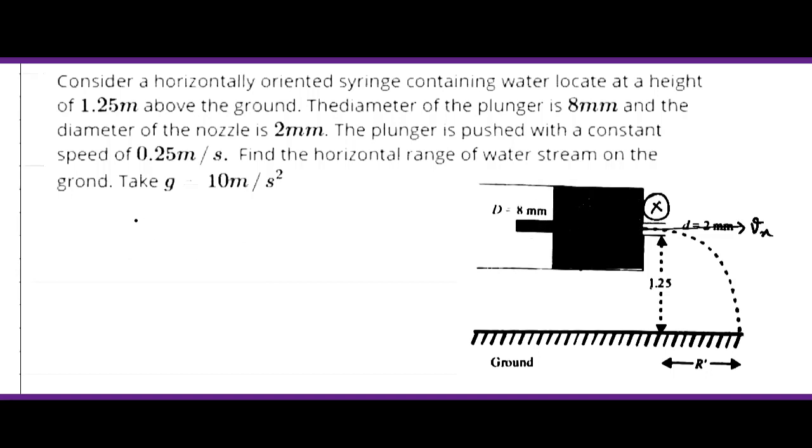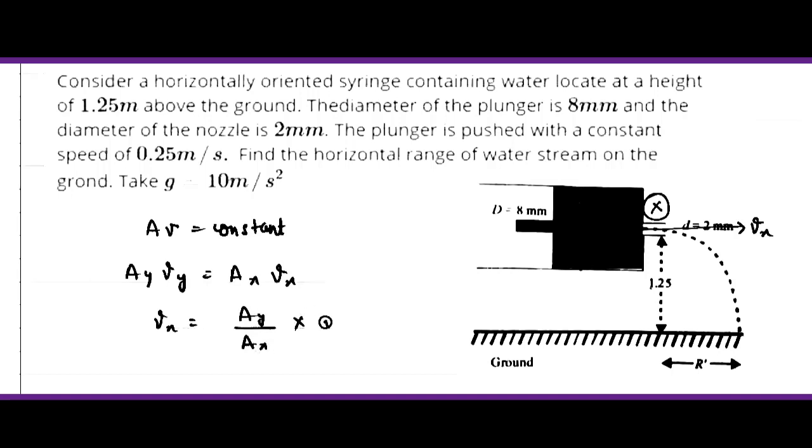At x and y both the rate of flow of water would be the same. That is A into v, area into velocity must be a constant. So at y position we will have area of y into velocity at y equal to area at x into velocity at x, right? So we have to find the velocity at point x, which is equal to area of y divided by area of x multiplied by velocity at point y.